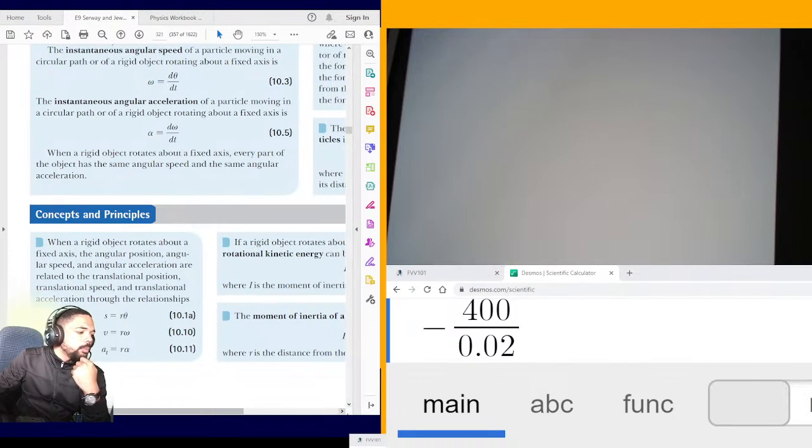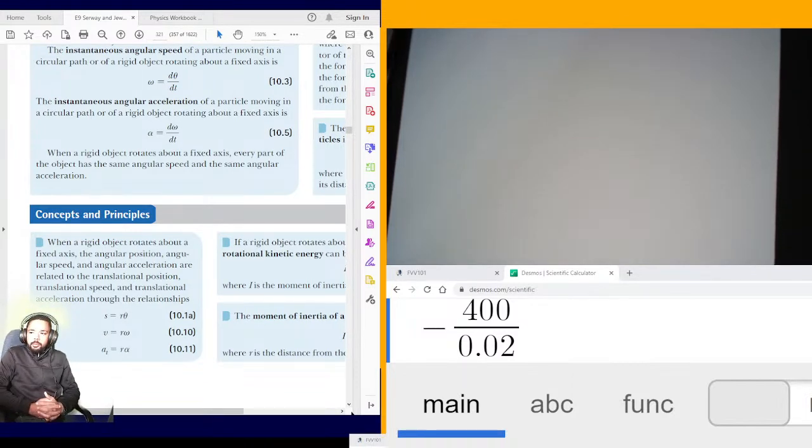Now, here is what I want us to look at. When a rigid object rotates about a fixed axis, say a car wheel, the angular position, angular speed, and angular acceleration are related to the translational position, translational speed, and translational acceleration by those formulas.